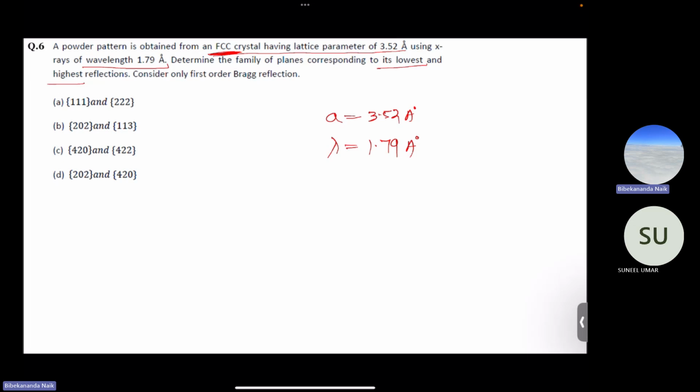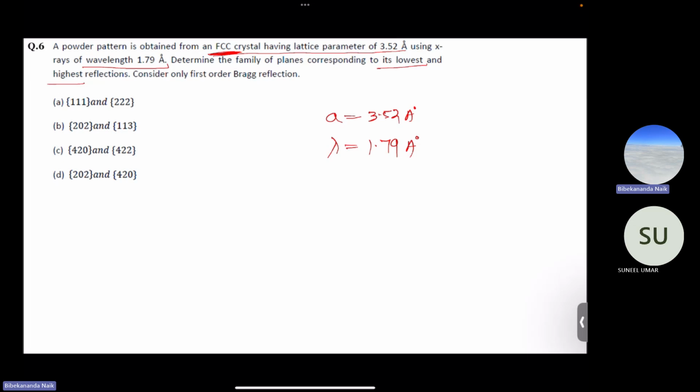In all these options, 111 means all are odd and 222 means all are even. So only those sets of parallel planes will give you peaks in the X-ray spectrum.